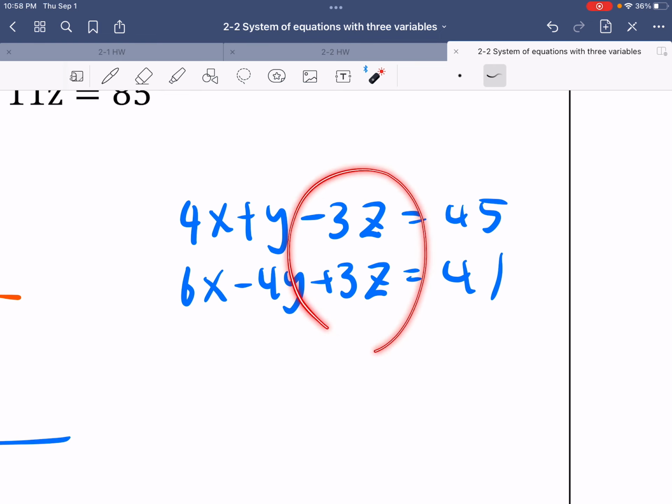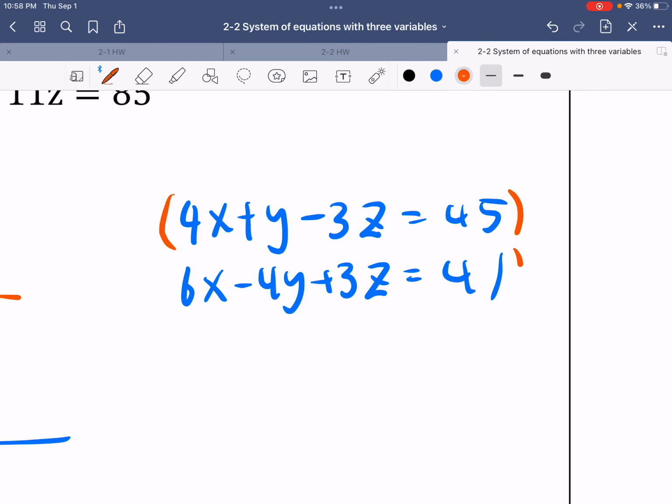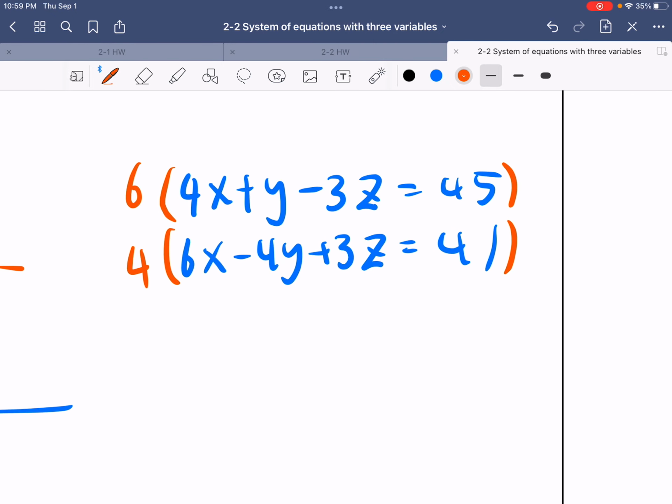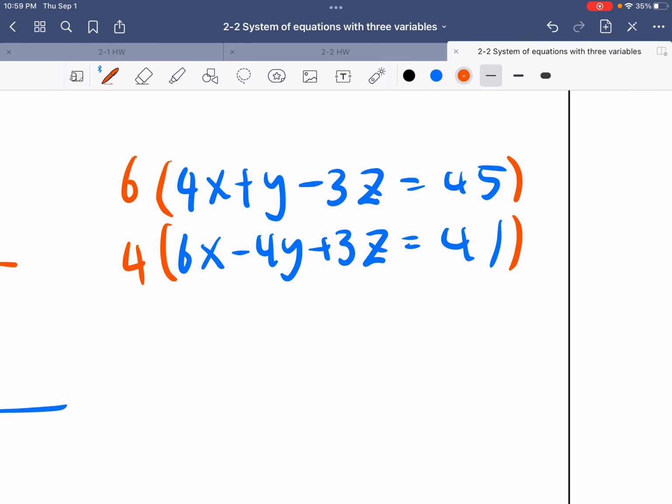Though it looks like it's easier to get rid of z. Now here, apparently 4 cannot go into 6, so you have to flip and multiply. You're gonna multiply by 6 and 4 here. If you wonder where I got these numbers from, 4 from here, 6 from here, okay? And they should be different signs, so you're gonna put a negative on one of these two. It does not matter where you put it, so I'm gonna put it in the bottom.